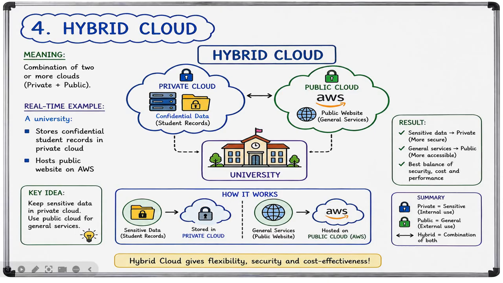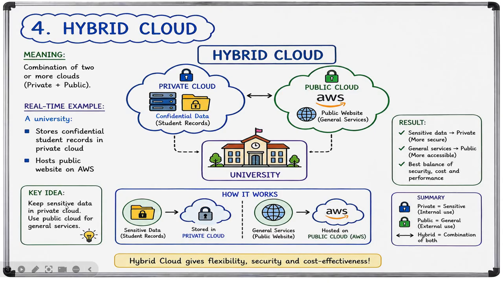It stores the confidential student records in a private cloud, like important data such as student records, and it ensures high security and restricted access, and only authorized staff can handle this information. Then it hosts the public website on AWS, which allows easy access for students and the public, and it also ensures scalability during high traffic.